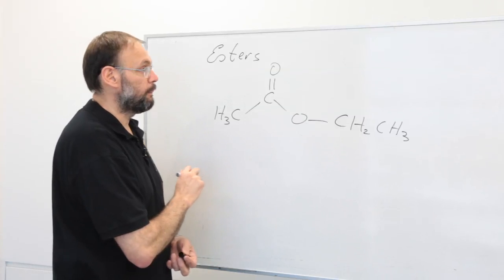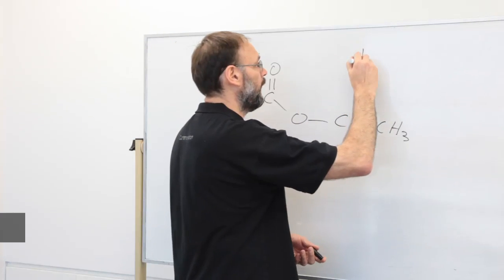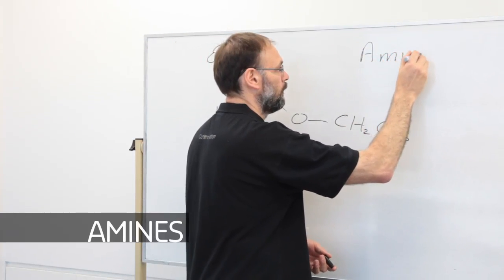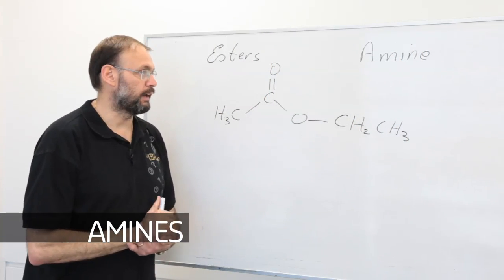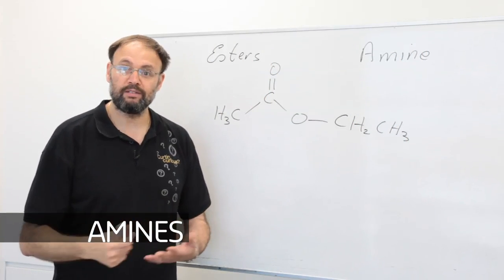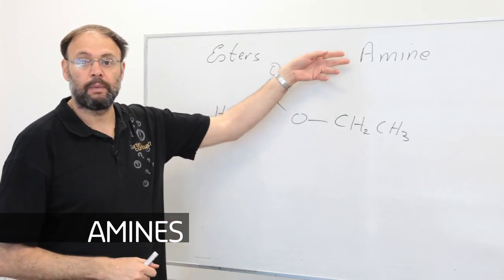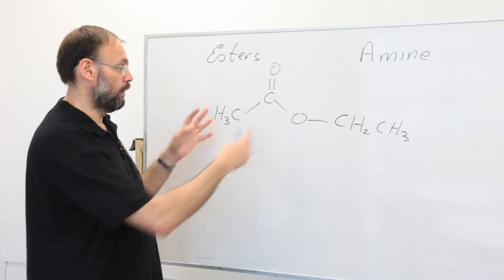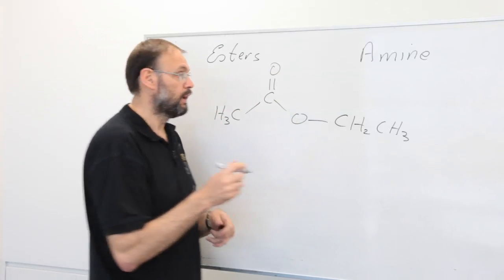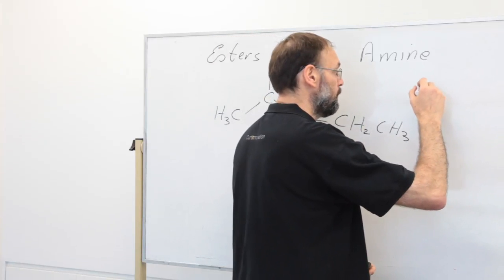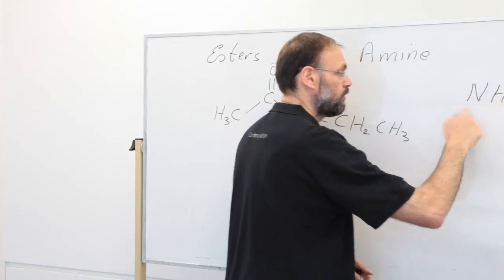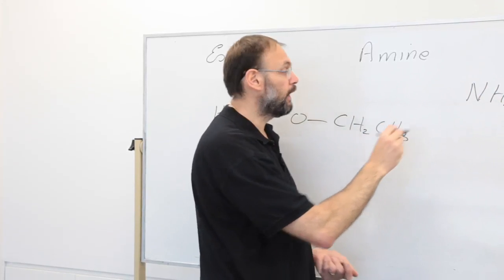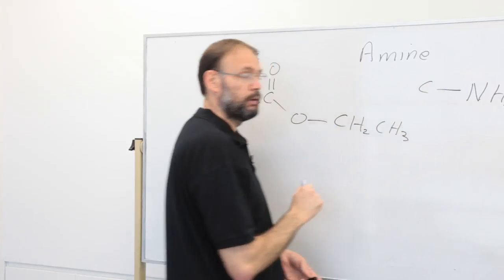The final functional group we want to talk about are the amines. Now, you may have heard in your studies of things like amino acids. The amine part is present along with the acid part in the molecules. And the key feature of amines is that it's like ammonia, except that one of the hydrogens of ammonia has been replaced with a carbon.